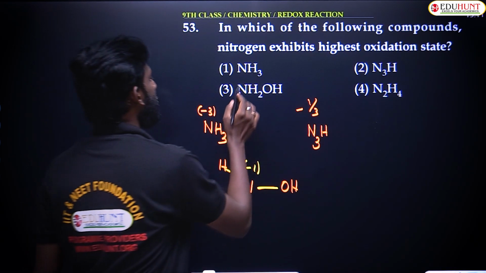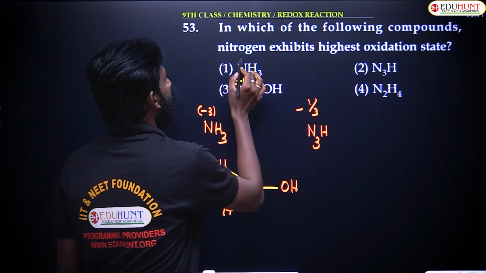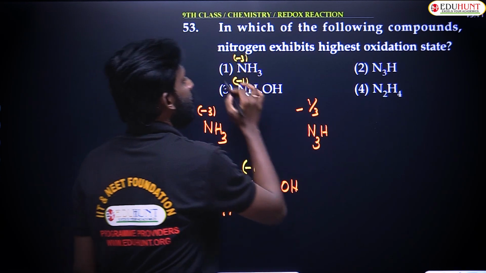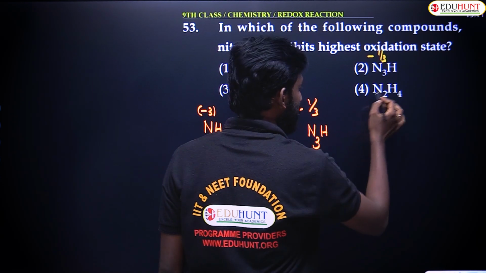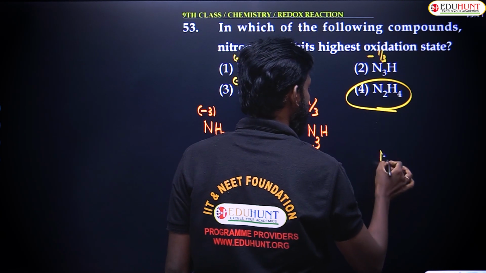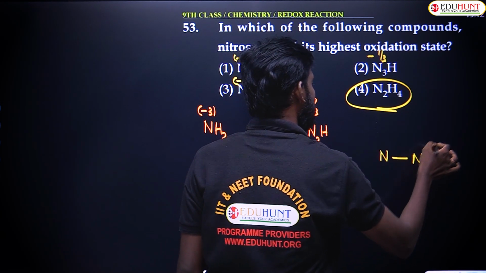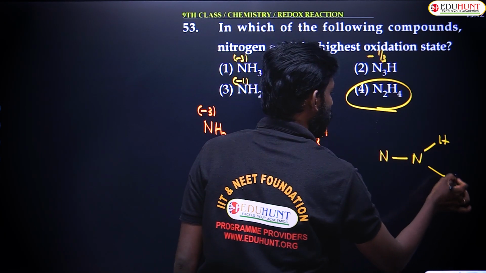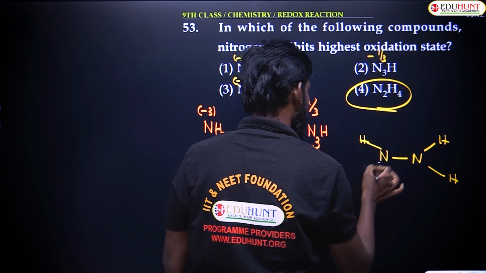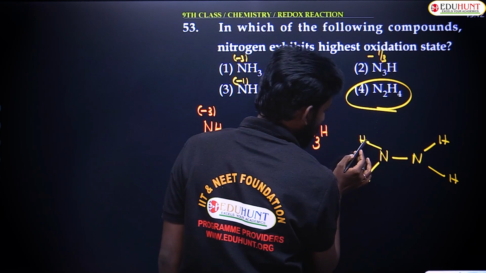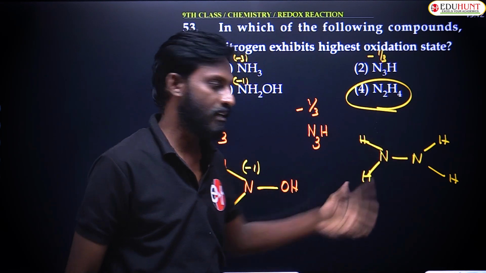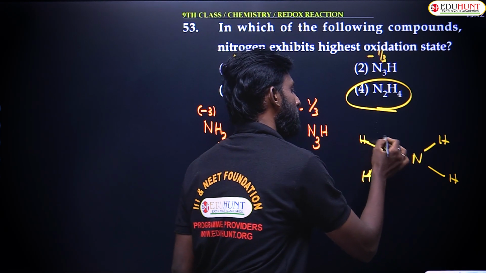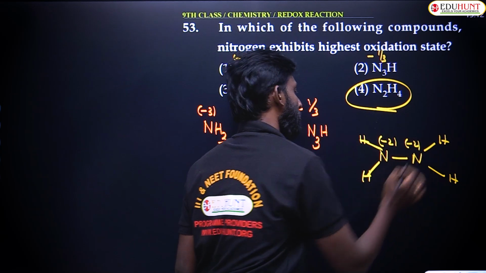So here nitrogen is in -1 state, here -3 state, and here -1/3 state, and this is hydrazine, N2H4. Both nitrogens will be in -2 state.